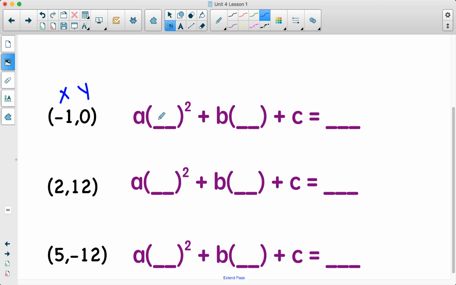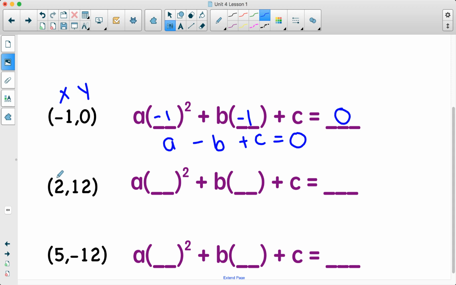So I've got a times -1 squared plus b times -1 plus c is equal to 0. And if I simplify this, -1 squared is equal to 1, so this is just a, or 1a. -1 times b, this becomes minus b plus c is equal to 0. So there's my first equation I'm going to use.